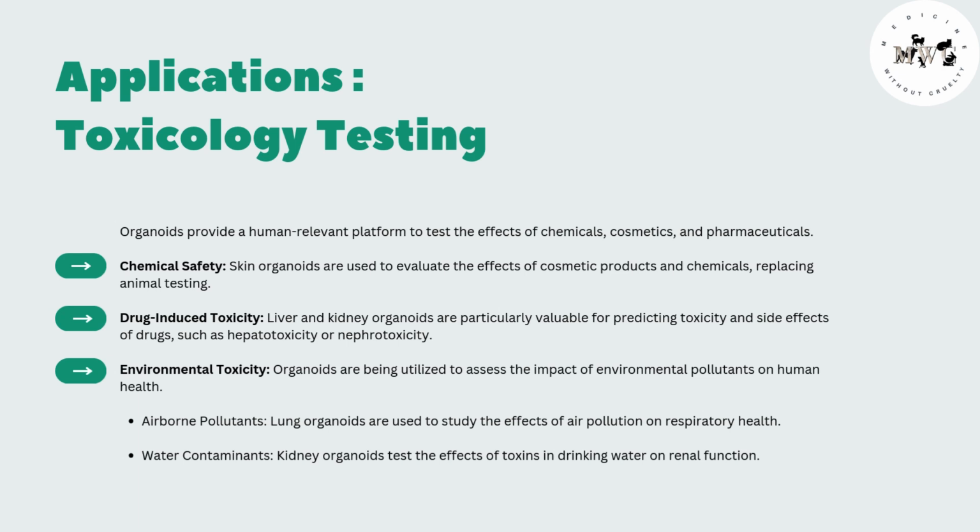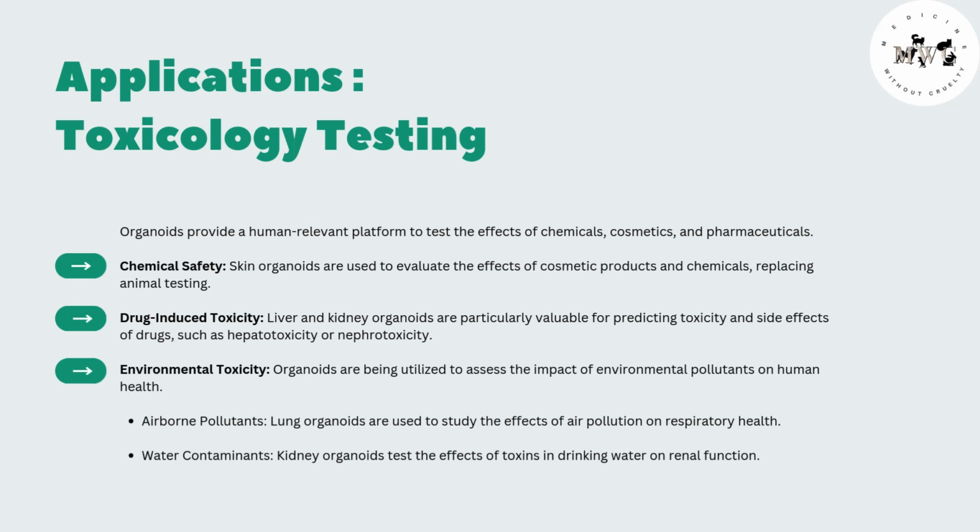Drug induced toxicity, liver and kidney organoids are particularly valuable for predicting toxicity and side effects such as hepatotoxicity and nephrotoxicity. Now, drug induced liver injury is one of the leading causes of why drug tests may fail. And so, if we can provide valuable toxicity predictions, we know whether a drug is going to affect our liver.